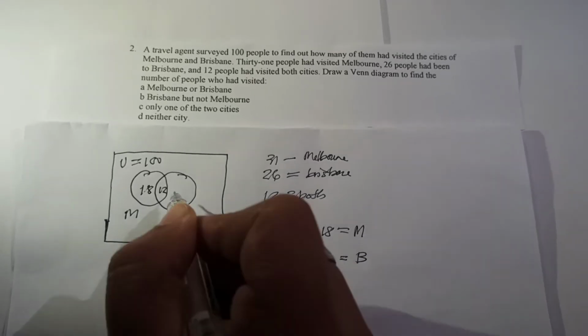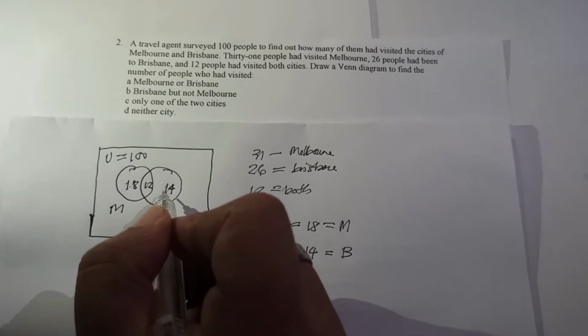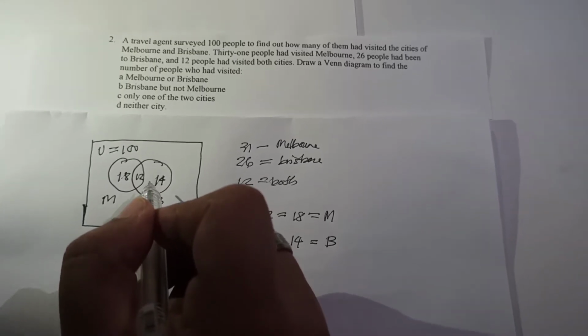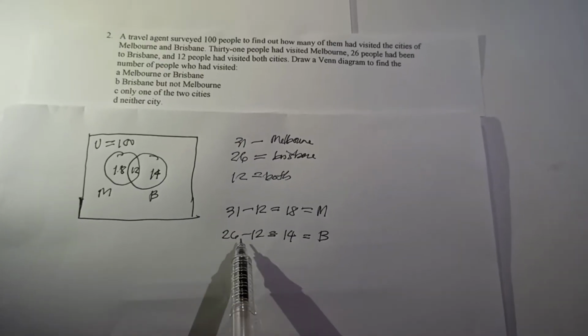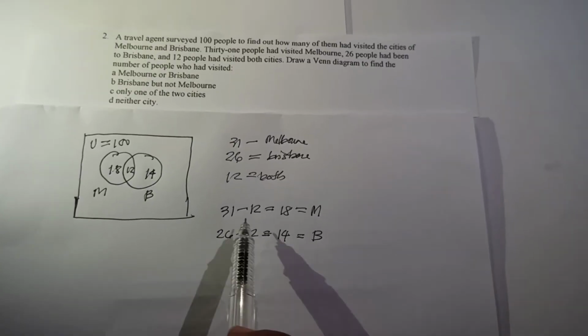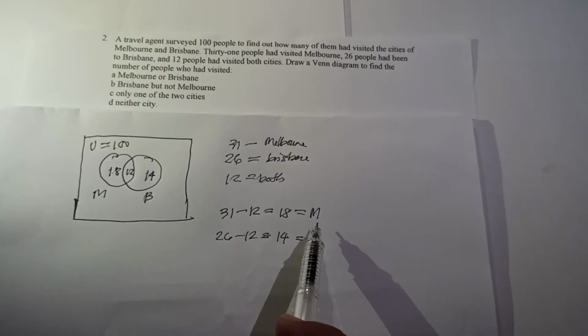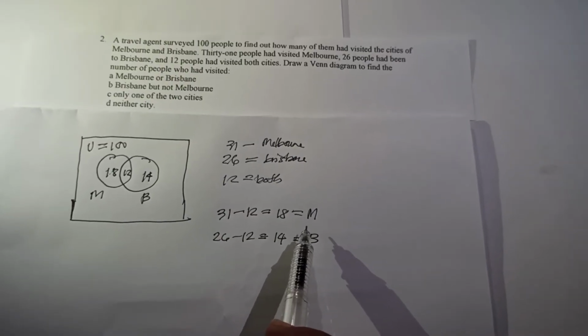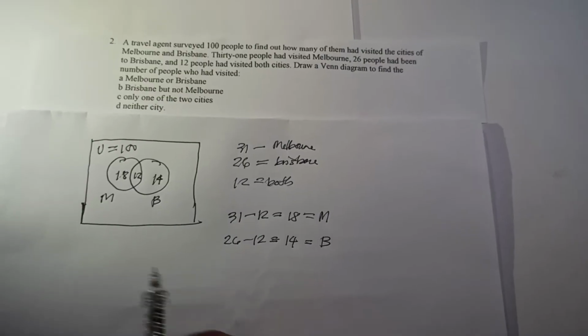So 26 minus 12 equals 14 for Brisbane, and 31 minus 12 equals 18 for Melbourne. The question is Melbourne or Brisbane, so we're going to add everything for Melbourne and Brisbane.